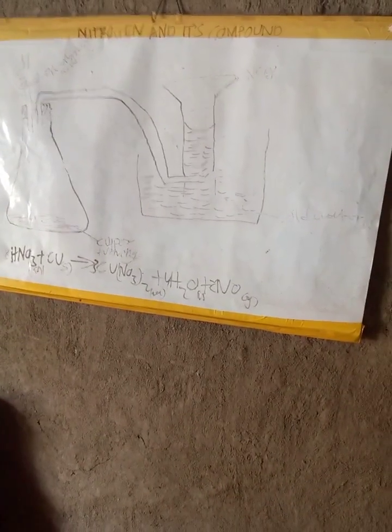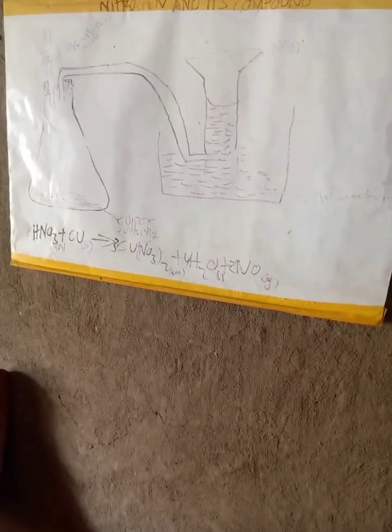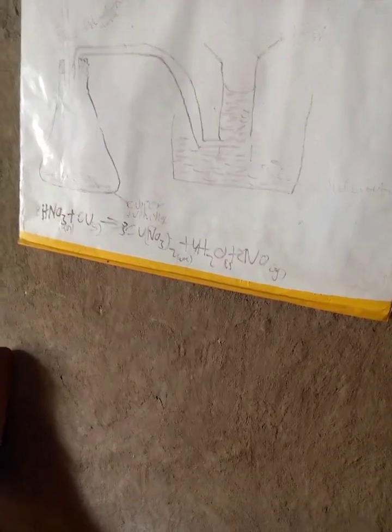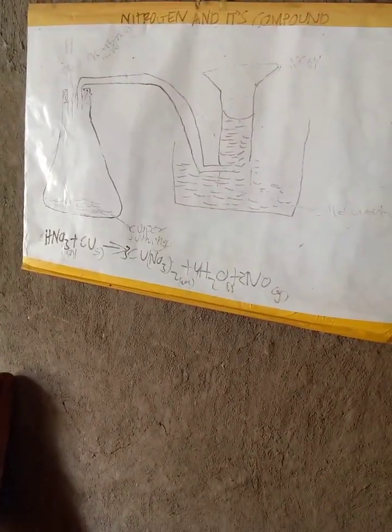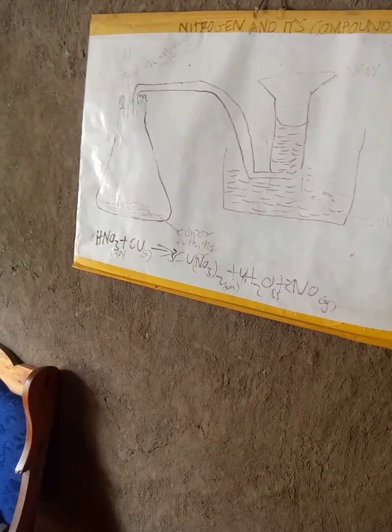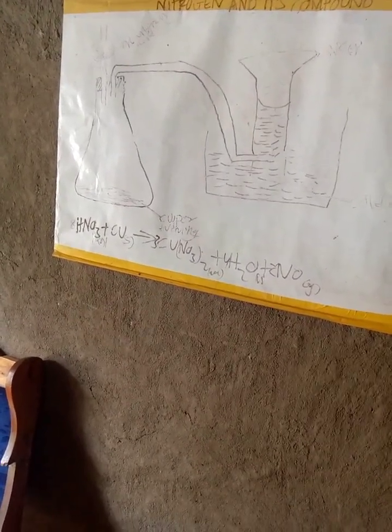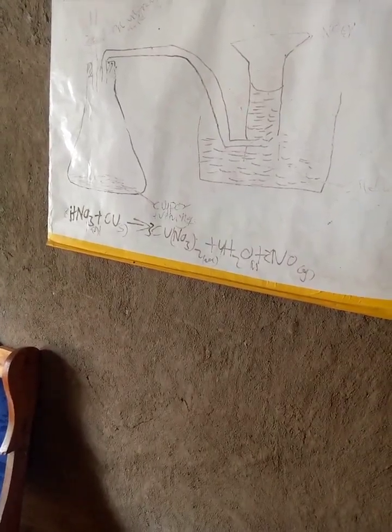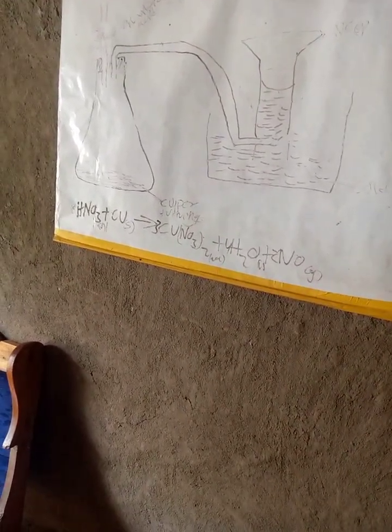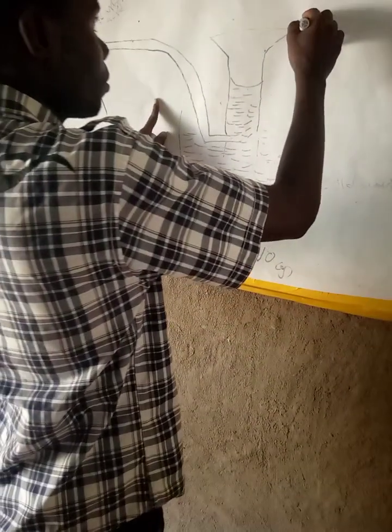So nitrogen 2 oxide, let us look at some of its properties. Nitrogen 2 oxide is a colorless gas, and it is slightly soluble in water. It has no effect on moist litmus paper.